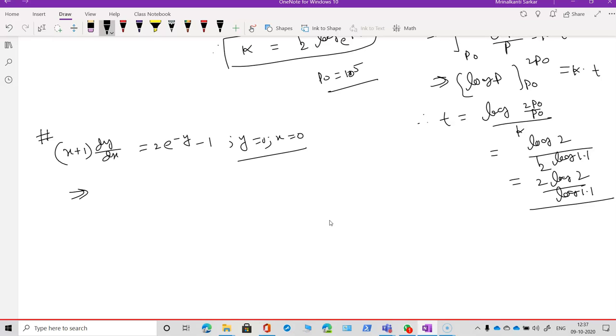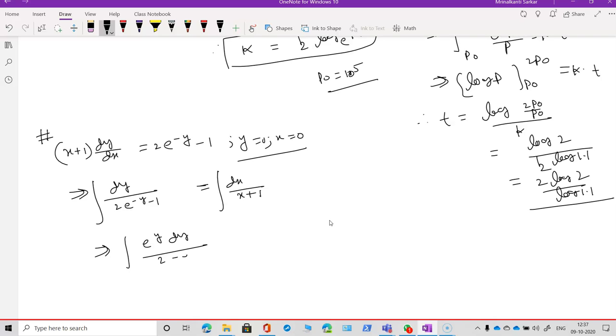So you write it in this manner, dy by, multiply by e to the power y for integration. This you need not do anything.